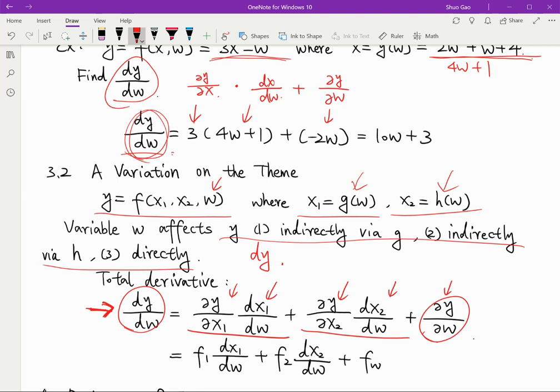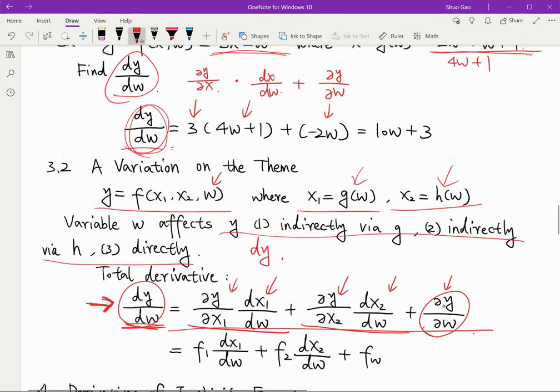So we don't assume x1 and x2 to change when we calculate the partial derivative. But for the total derivative, it's a little more complicated because all the other variables are interrelated, so they can change too. So we'll write out a longer formula to find the total derivative.